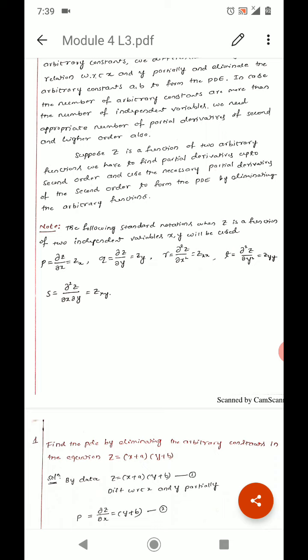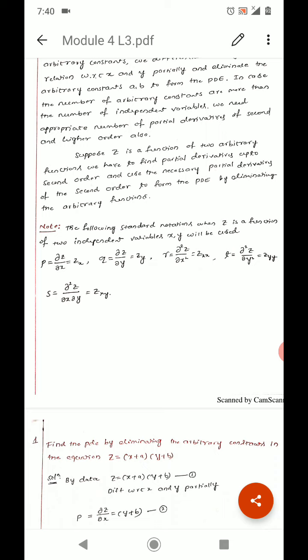We take p, small p, equal to del z by del x. If we differentiate partially the given function z with respect to x, we take that as p, small p, or zx.